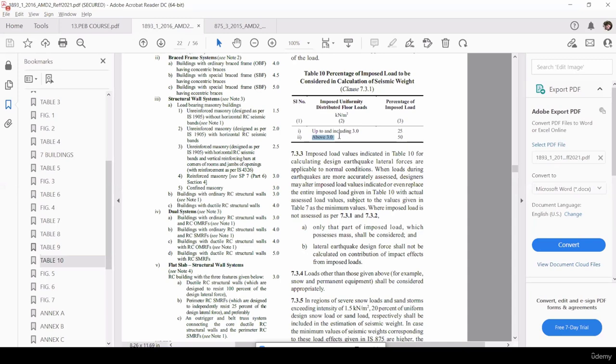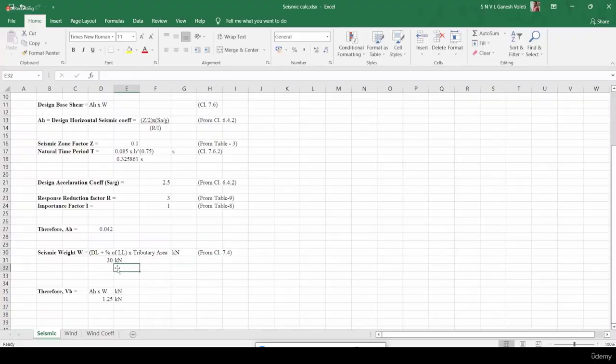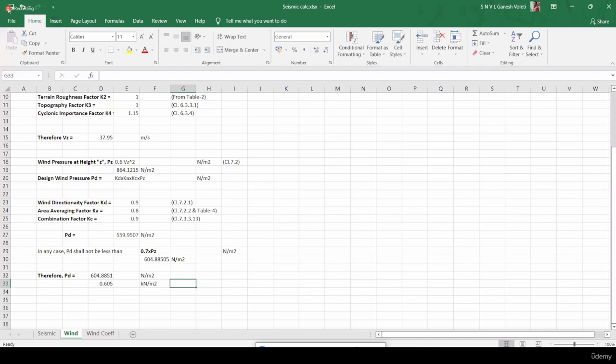If the distributed floor loads are above 3 kilonewton, floor loads are nothing but dead load plus live load. Don't be confused. If the value exceeds 3, we have to take 50% of live load into account. So this is the thing you have to add. Wind wise, it is the same. There will be no change.